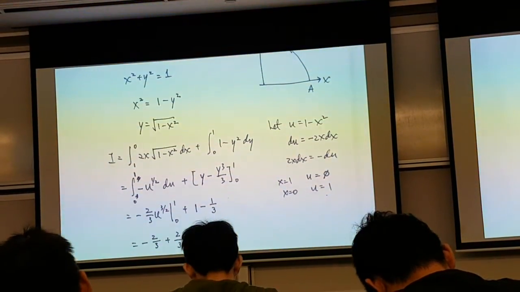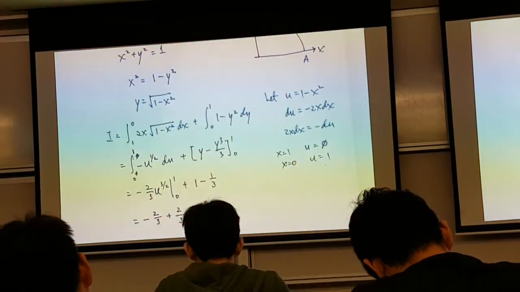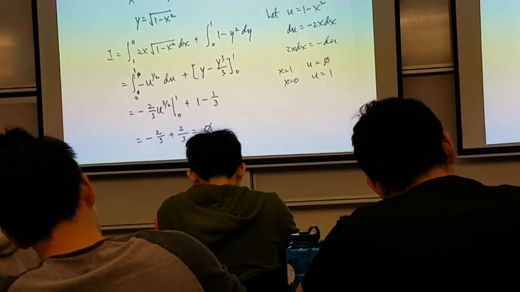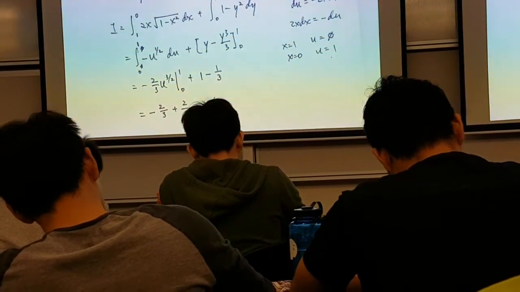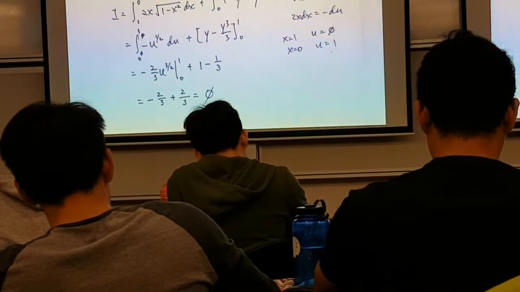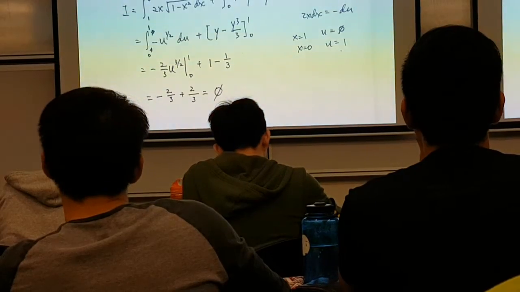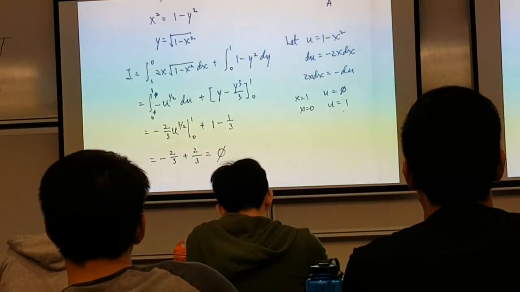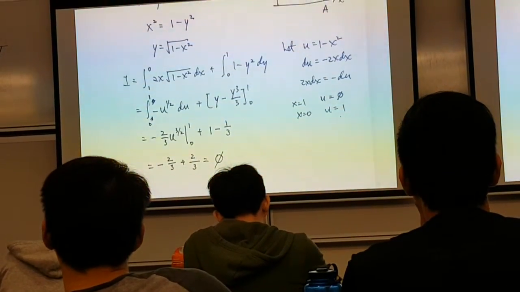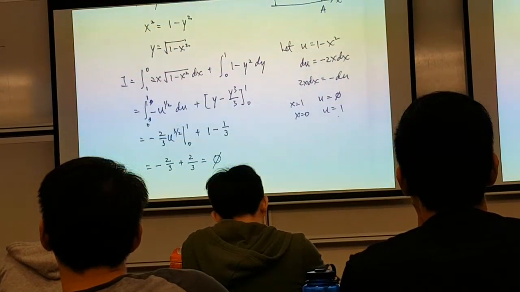So when you do the contour integral or your line integral, you actually ended up with 0. Alright? So, I mean, they ask you to explain the result. Well, you just ended up with 0. There's nothing unusual, right? It's actually possible.